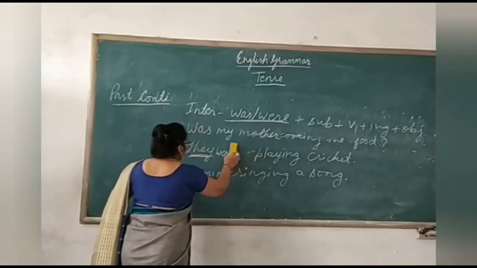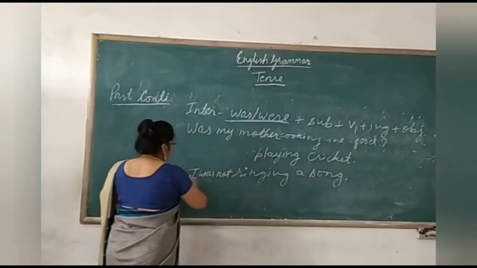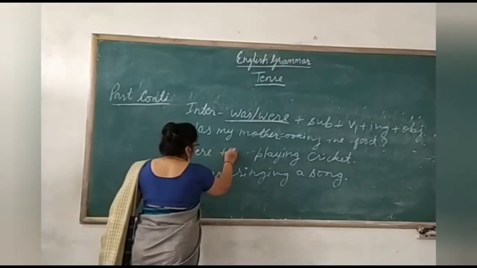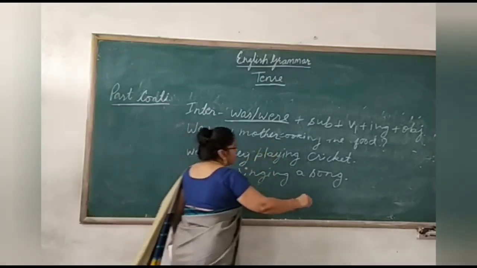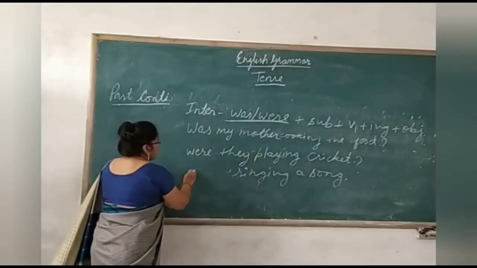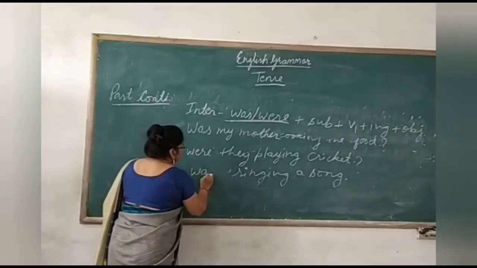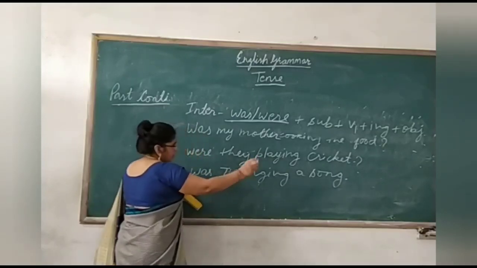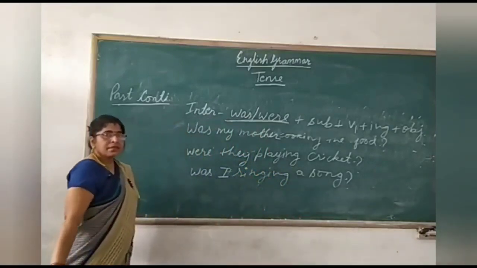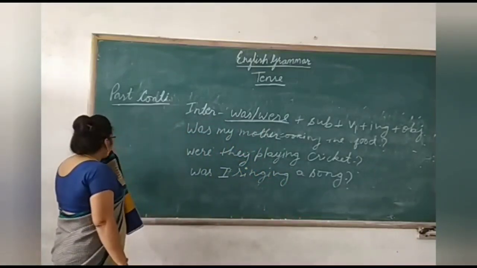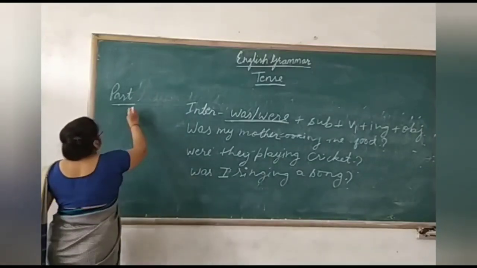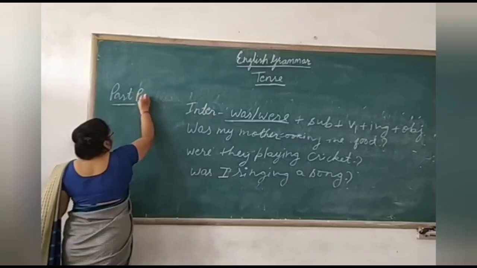And here also, you just write the verb in the beginning. Your sentence will be interrogative. Were they playing cricket? Converted? See here. Same way here. Was I singing a song? See here.